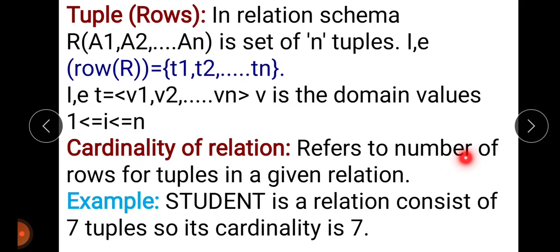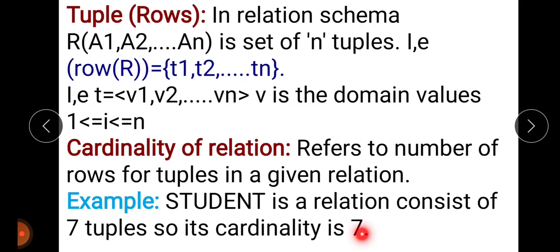The next definition we are going to see is the cardinality of a relation. It refers to the number of rows, that is, tuples, in a given relation. It is the number of rows in a table. For example, if Student is an entity or relation consisting of 7 tuples, that is 7 rows, then its cardinality is 7.